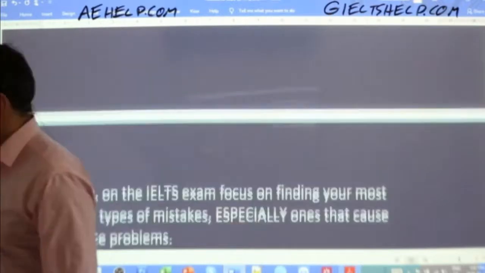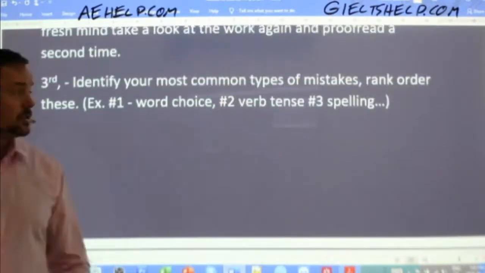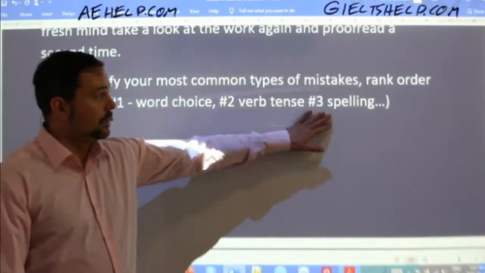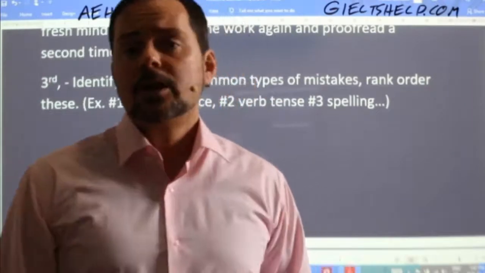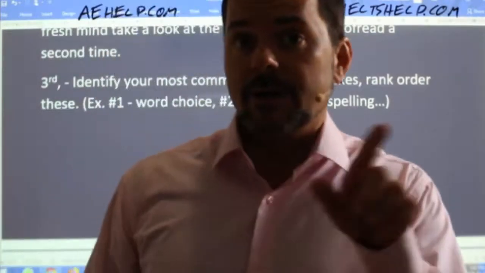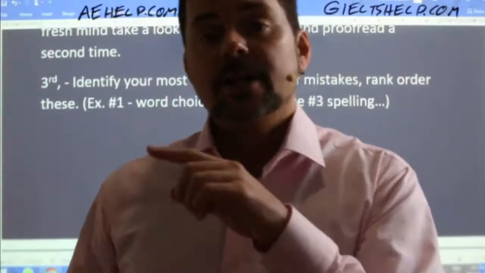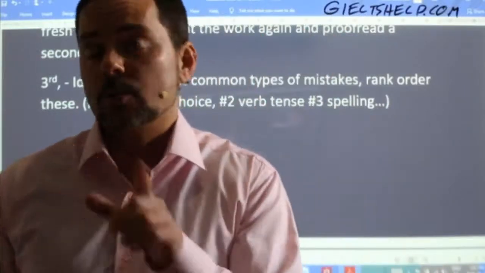Okay, so spelling mistakes, a lot of students really worry about them when they're writing their IELTS because they know that IELTS is marking you for spelling. So they're searching their task 1, task 2 essay to make sure that they didn't misspell any words.